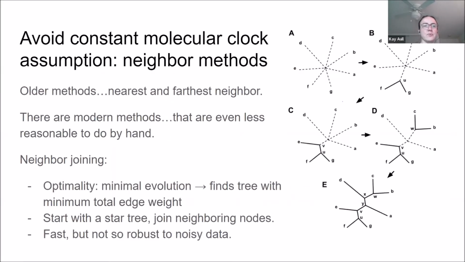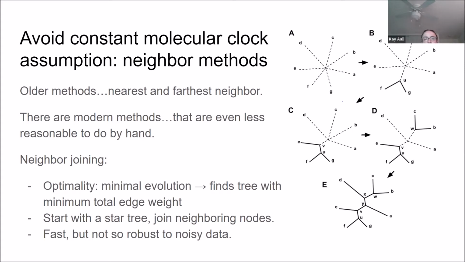And so in order to avoid this constant molecular clock assumption, you'd use some other neighbor methods. The oldest and simplest is the score of difference between your clusters. You can use nearest neighbors, where your score is how close the closest neighbors that are not in the same cluster are.